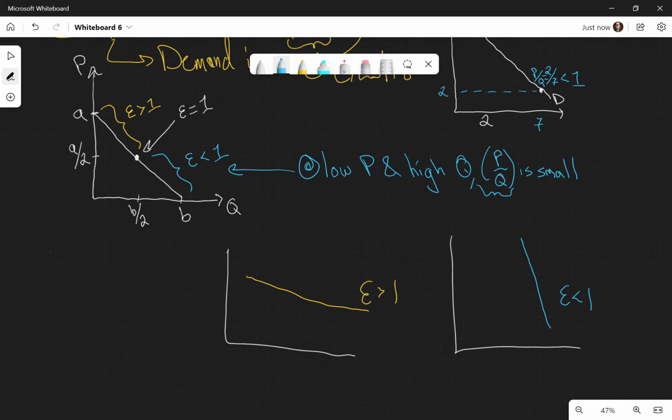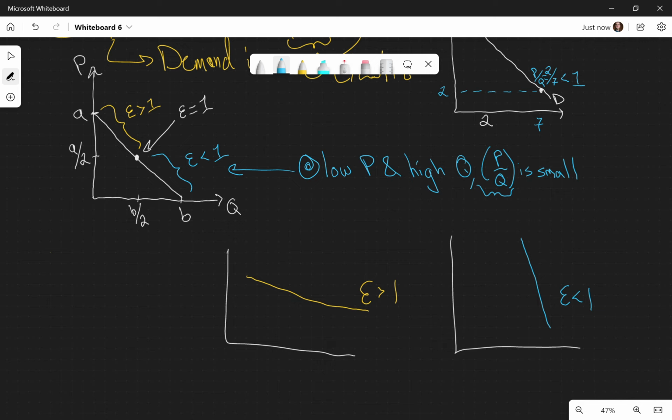But as soon as we deviate from these edge cases of a completely flat line or a completely vertical line, we have to start paying attention to where we are in terms of the current price on the demand curve, because that's going to influence whether we're in an inelastic or elastic range. The reason we care about that will be clear in the next section.